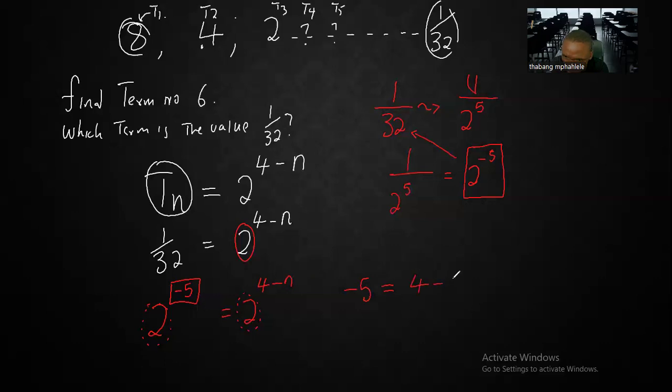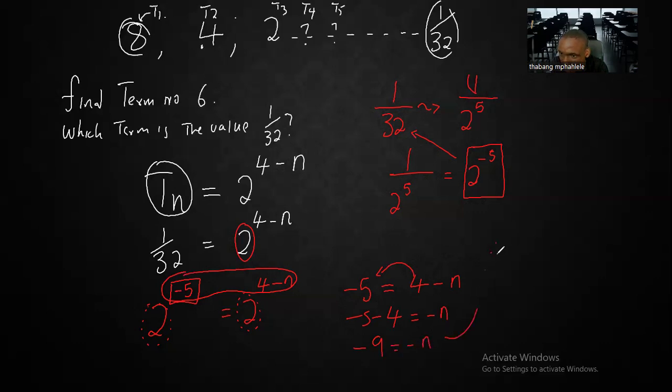You see that I'm focusing on the exponents, on these guys here. So I'm saying negative 5 equals 4 minus n. Group like terms, take 4 to this side. So it's going to be minus 5 minus 4 equals minus n, which is minus 9 equals minus n.